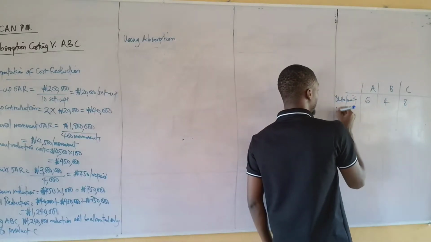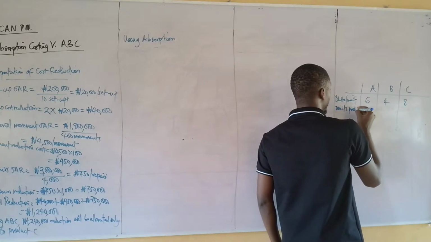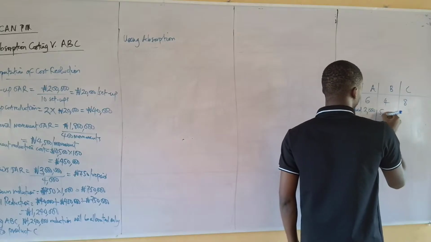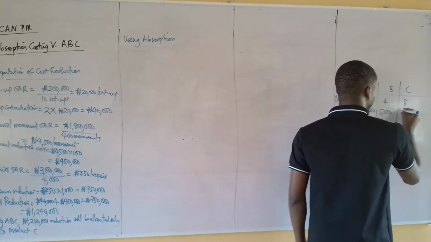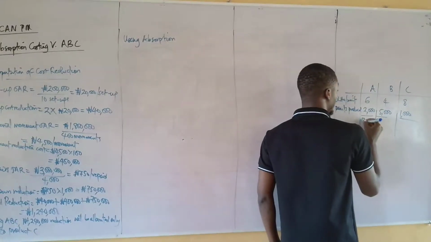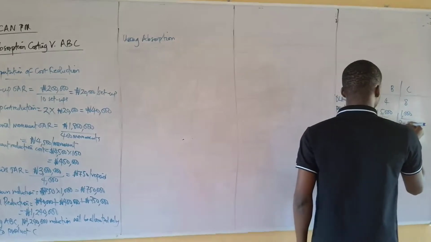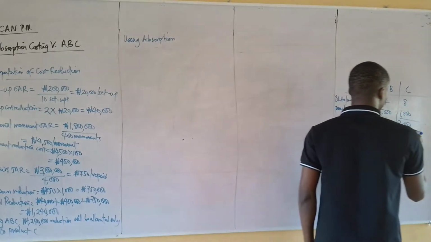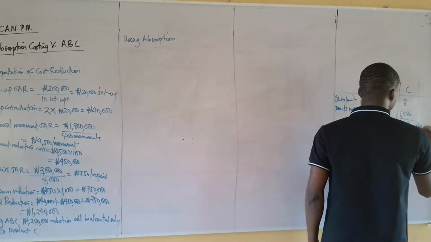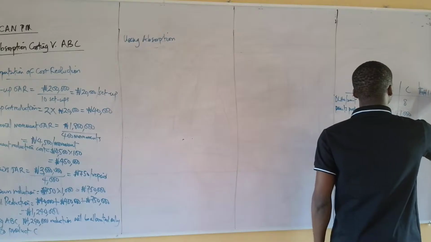How many units were produced? 2,000, Abi? And then 1,000. We multiply: 12,000, 20,000. That means total direct labor hours used is 12,000 plus 20,000 plus 8,000, 40,000 total hours.